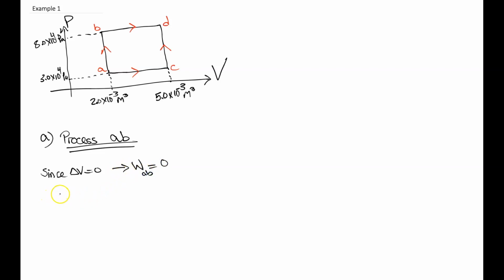Using the first law of thermodynamics, which says delta U, the change in internal energy, sometimes written delta E, is Q minus W, that tells us that delta U is going to equal Q for AB. Let's write these subscripts here.